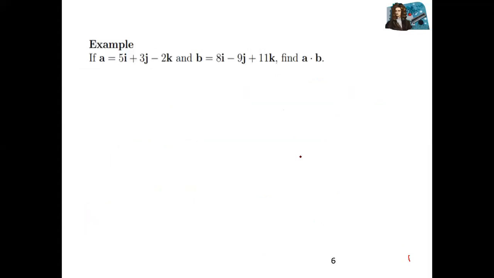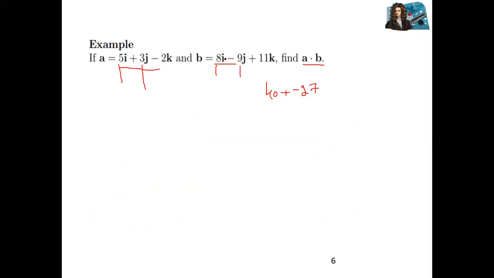For example, again, vector A is given, vector B is given. How to find A dot B? So definitely 5 multiplied with 8, equal to 40. Then for j you have 3 multiplied with minus 9, so equal to minus 27.